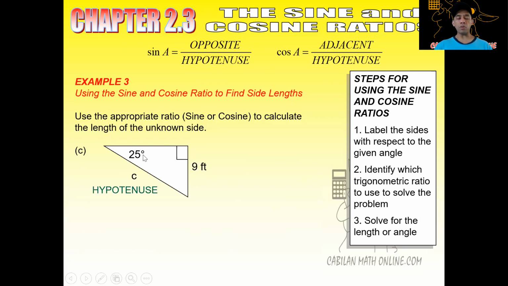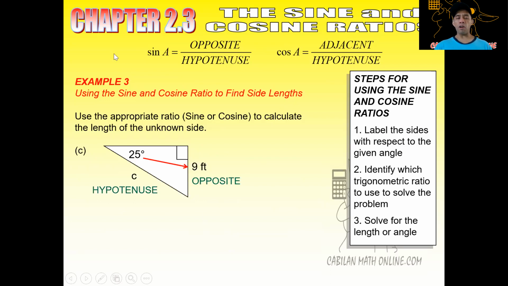Remember that the side directly across from the given angle is always opposite. The 9 feet here is directly across from the 25 degrees, so this is the opposite.